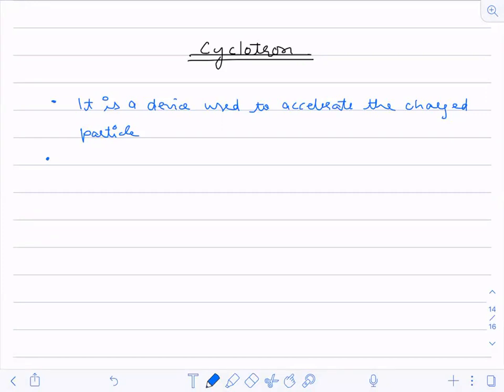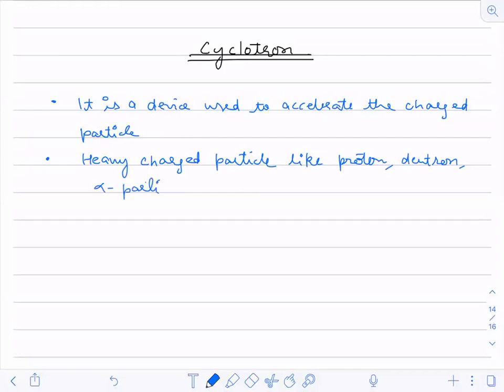Okay, so heavy charged particles, like proton, neutron, alpha particles, etc. These are accelerated using the cyclotrons.